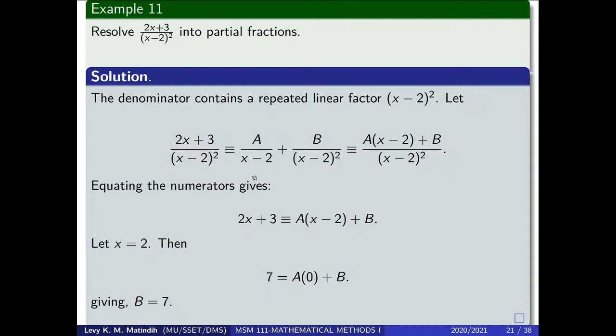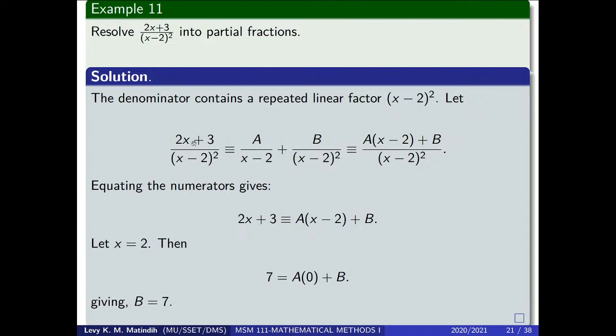Now, from algebra, the common denominator between these two is the square of x minus 2. Now, x minus 2 into the square of x minus 2, you remain with x minus 2. So this x minus 2 times a gives us a times x minus 2. Then the square of x minus 2 into the square of x minus 2 gives us 1. So 1 times b gives us b.